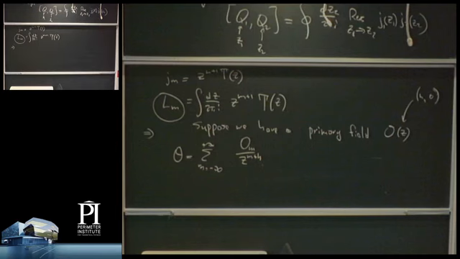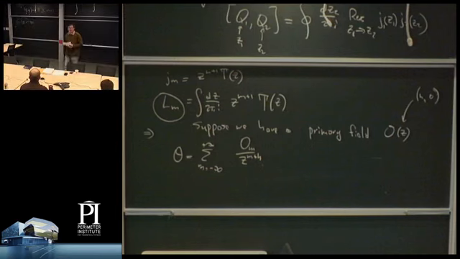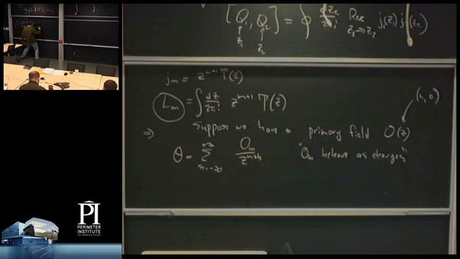We discussed slightly that this whole idea can be extended to any operator. You have to think of it this way. Suppose we have a primary field. Actually, I'm talking about a holomorphic field.